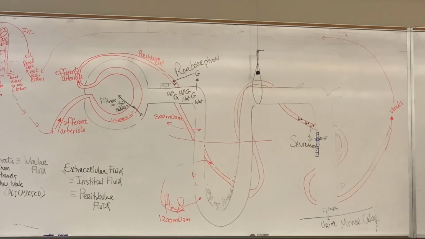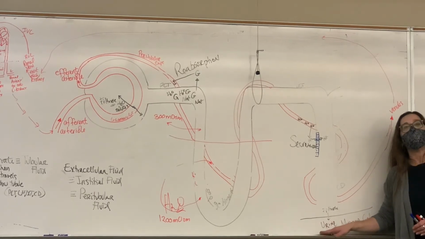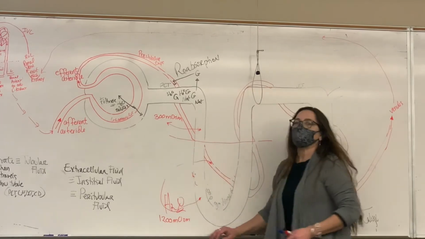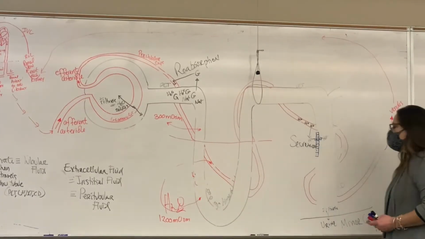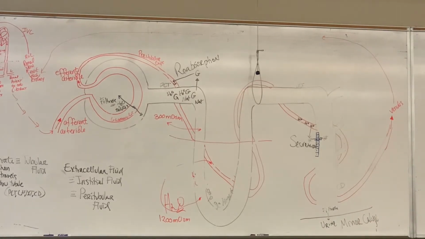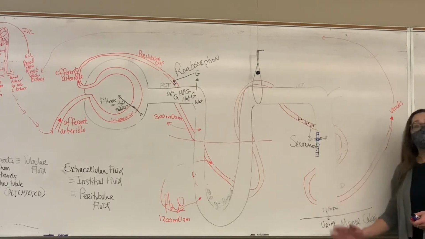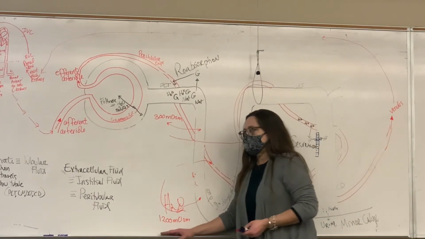If we're reabsorbing a lot of water, then our urine becomes nice and concentrated so that we're not losing water to the urine. If we had none of those juxtamedullary nephrons, we would lose too much water. Our urine would not be concentrated enough. We would not reabsorb enough water. We would lose too much water, and we would end up being dehydrated all the time.